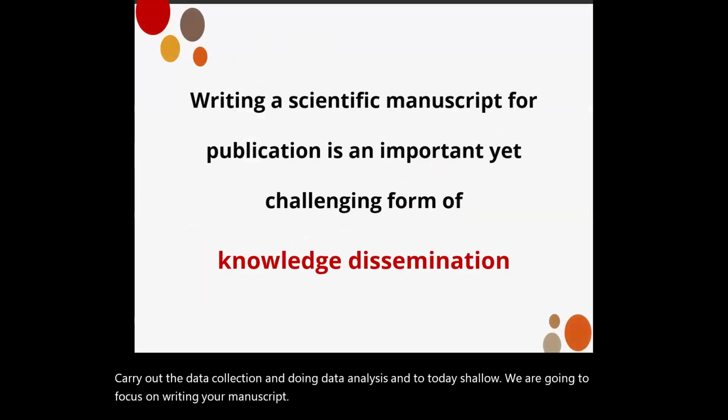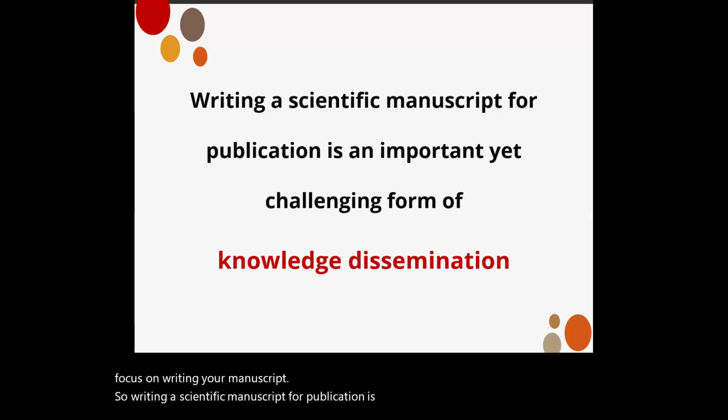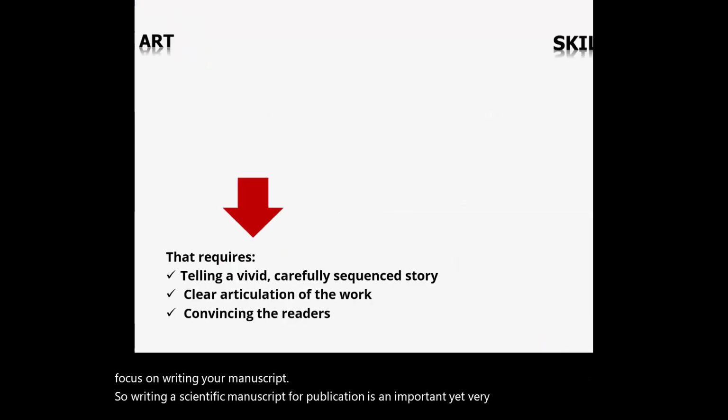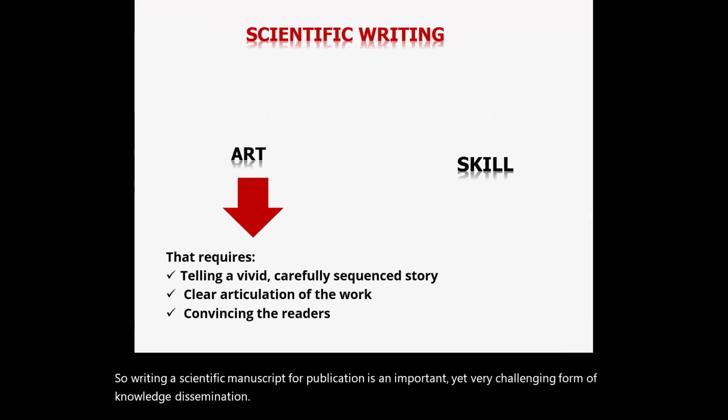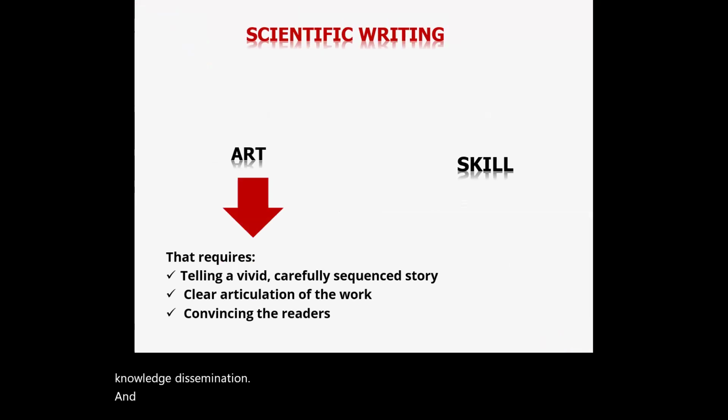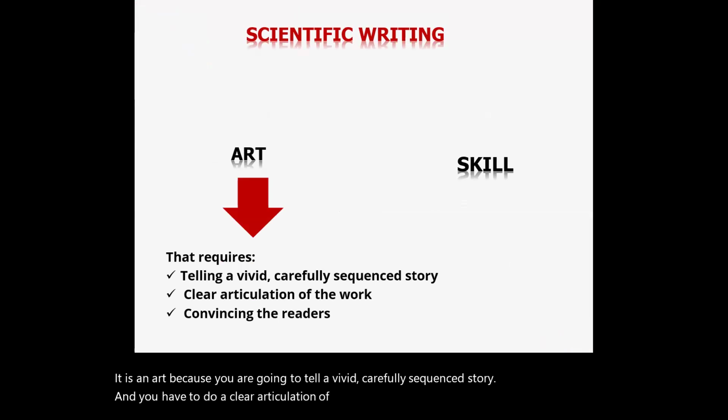So writing a scientific manuscript for publication is an important yet very challenging form of knowledge dissemination. And actually writing a scientific research is an art and a skill. It is an art because you are going to tell a vivid, carefully sequenced story, and you have to do a clear articulation of the work, and you have to convince the reader, which is very important.